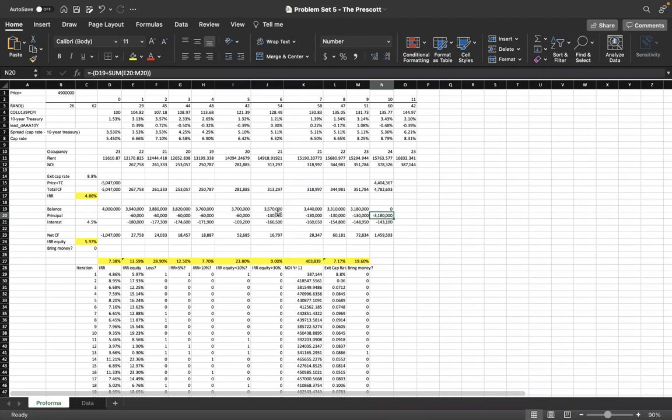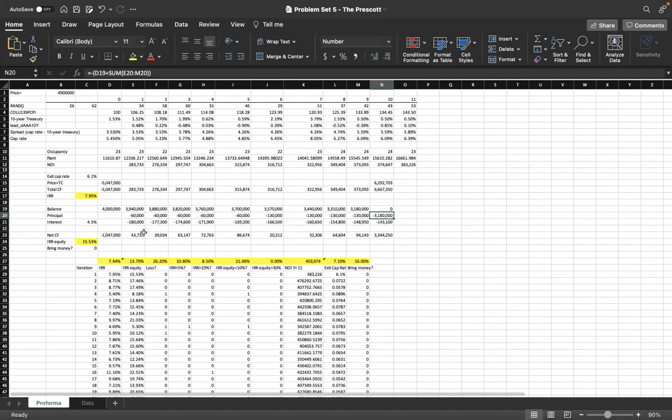So in other words, you're paying $130,000 from year 6 to year 9. And you can see the remaining balance is just the last period's balance minus your principal payment. It's just the same until year 10, when you have to pay this whole thing. So year 10 is just the remaining balance, which is the beginning balance in year 9.